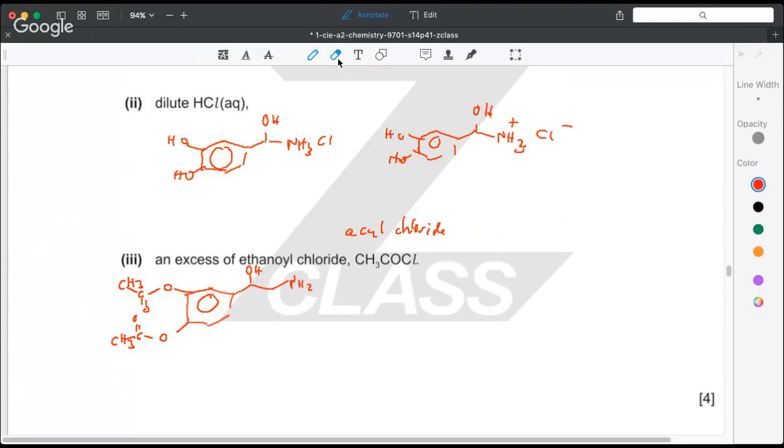You're going to have another ester over here. Still getting some weird stuff going. So you're going to have that. And then you've made esters there, and you're going to make an amide over here.